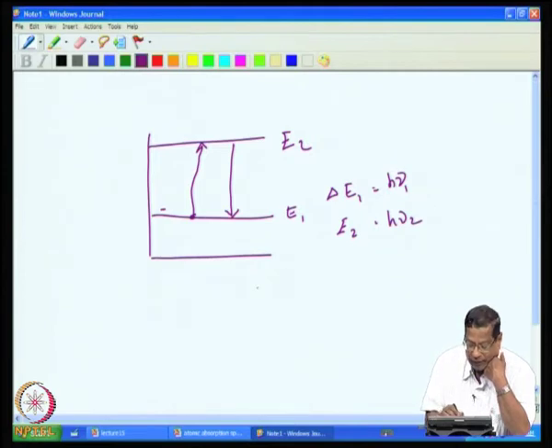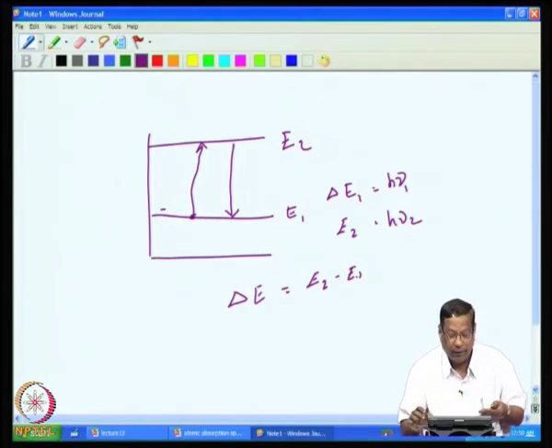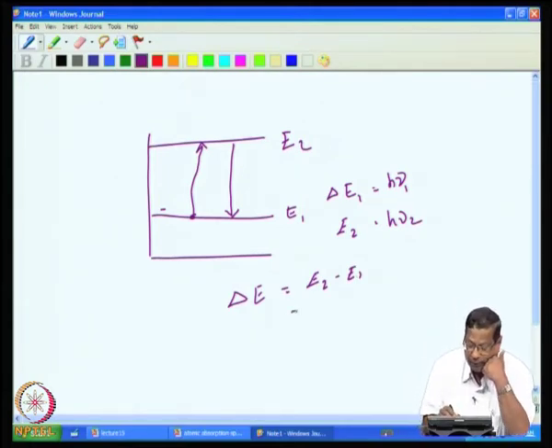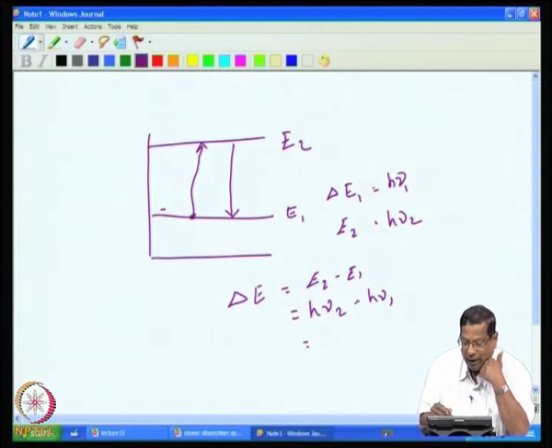So, the difference delta E is E2 minus E1, and if you put h mu 2 minus h mu 1, you can take out the difference, h into mu 2 minus mu 1.